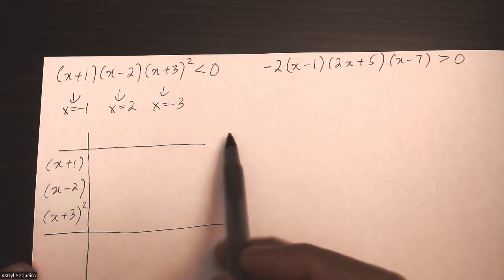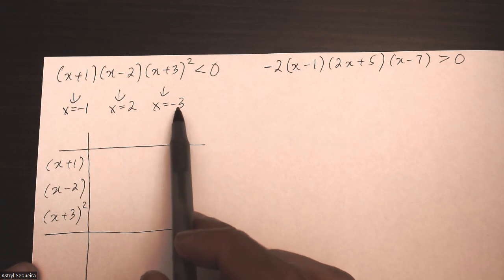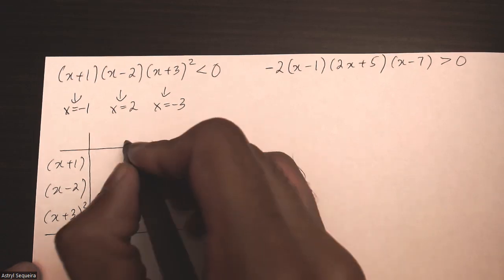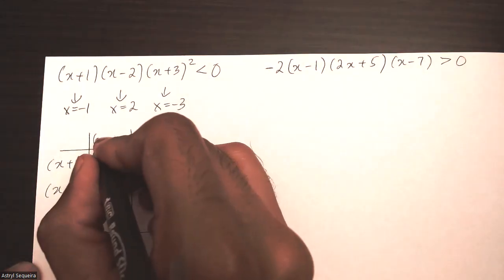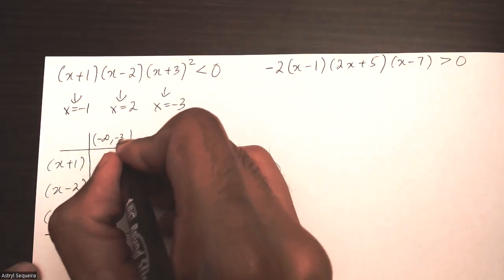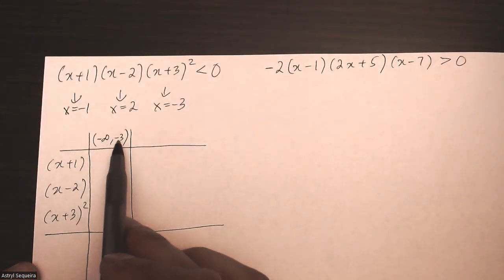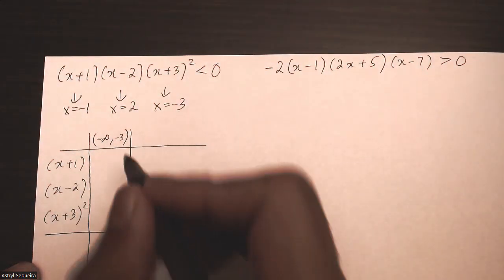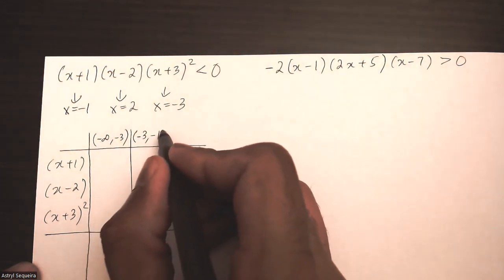And then the columns for the chart are going to include all our x values. So our lowest x value is -3. So the first column is going to be from -infinity till -3. Always start at -infinity and you go to your lowest solution. My next one is from -3 to -1.